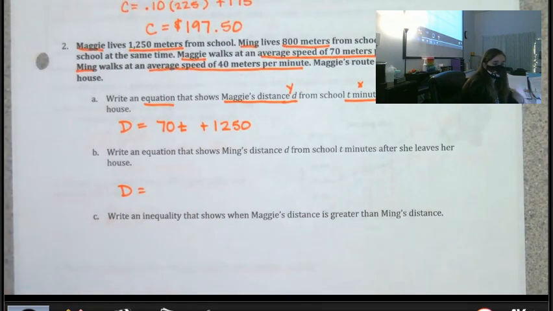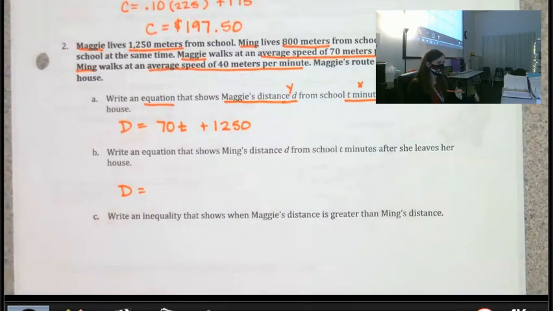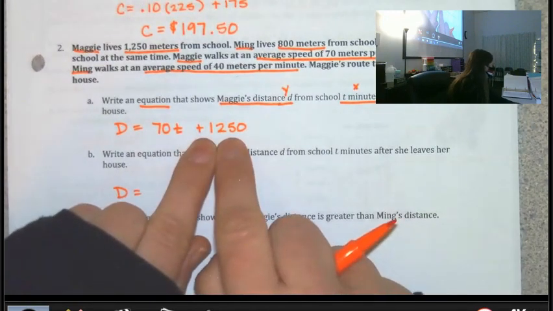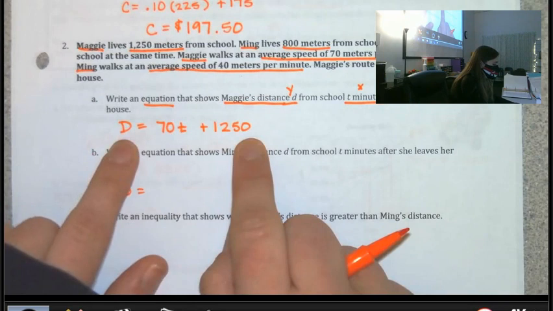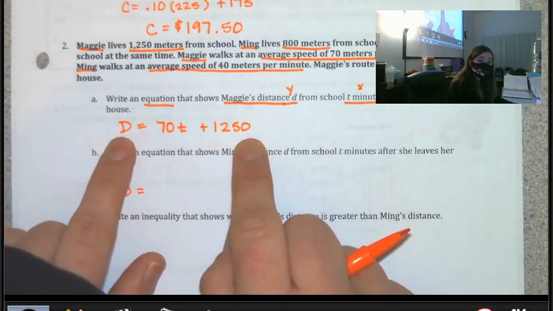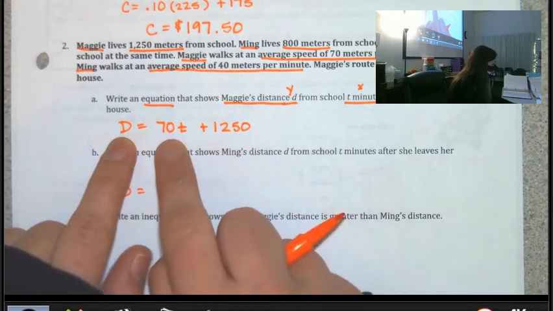Now here's the final question. If I start at 1,250 meters, and D is equal to how far I am away from school, does this need to be a positive slope or a negative slope?